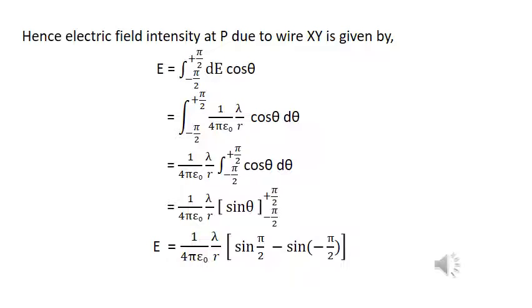By integrating cos theta, we get 1 by 4 pi epsilon naught lambda by r sine theta, since the integration of cos theta is sine theta. By putting the lower limit and upper limit, we get E is equal to 1 by 4 pi epsilon naught lambda by r sine pi by 2, which is the upper limit, minus sine minus pi by 2, which is the lower limit.